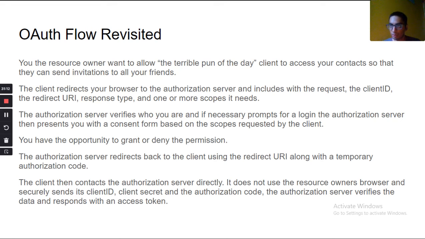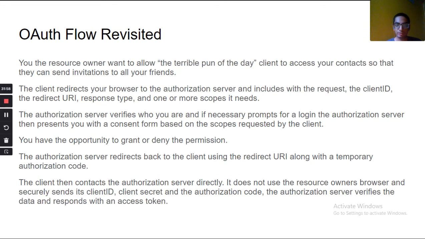If you're already logged in, it will know that, okay, Abhinav is already logged in, so it is Abhinav that is asking the client to access his contact information. If you're not already logged in, the authorization server, which is your Gmail service, will ask you to provide your login ID and password. So once you enter your login ID and password, the authorization service, which is Gmail, will know that it is Abhinav who has logged in, and it is Abhinav that is asking Terrible Pun of the Day to access his contacts. So I can give permission to Terrible Pun of the Day to access his contacts.